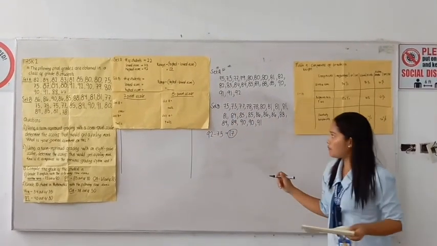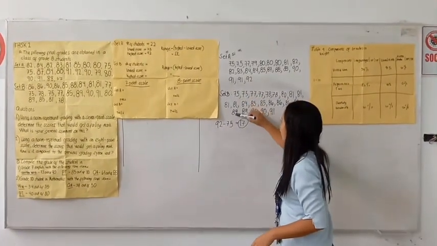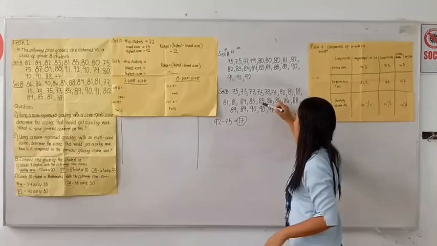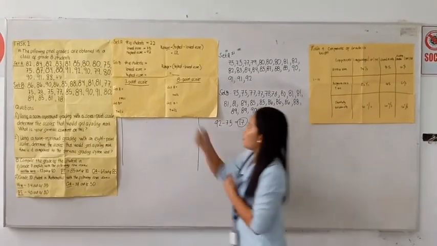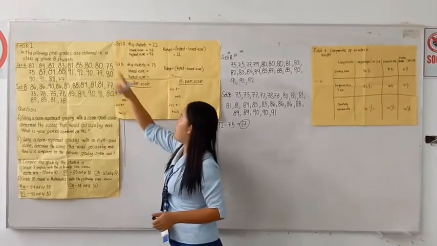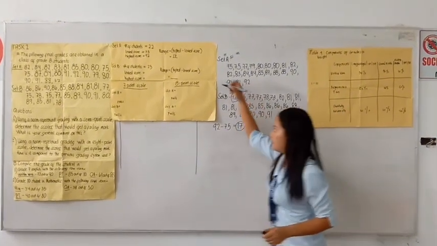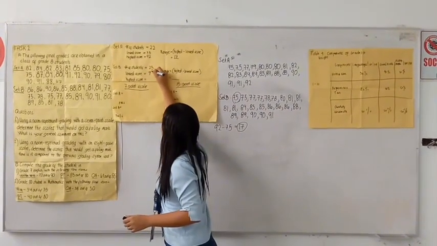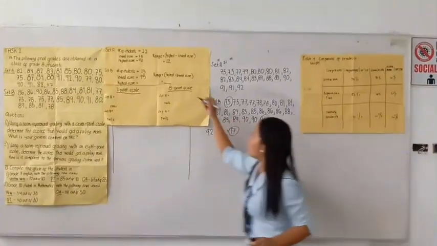For set B, the number of students is 23. The lowest score is 75 and the highest score is 91.